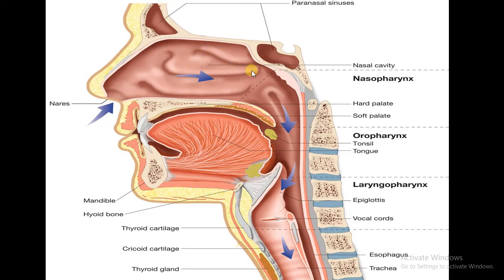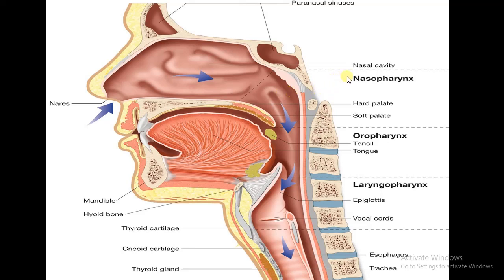Now the nasal cavity posteriorly opens into the nasopharynx through the posterior nares. Through the posterior nares, the nasal cavities open into the pharynx. Now the pharynx is divided into three parts, as you can also see in this diagram.